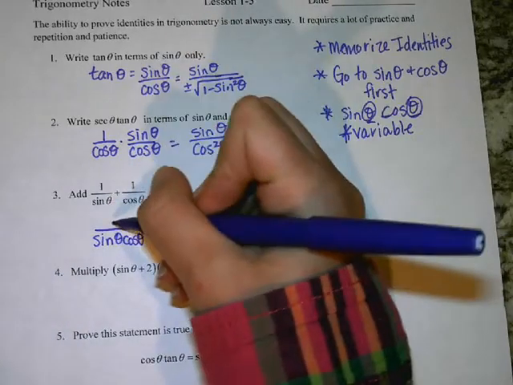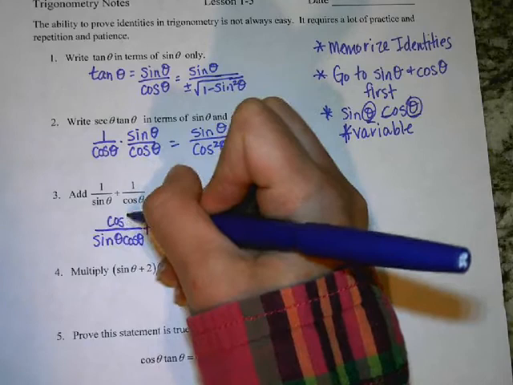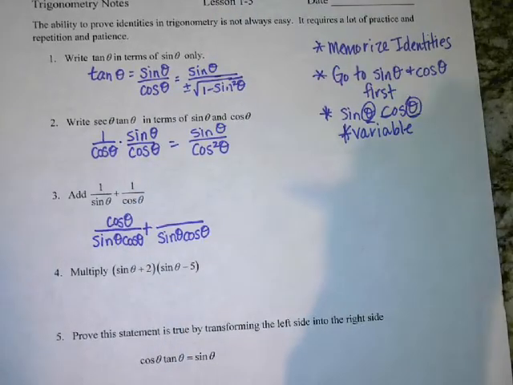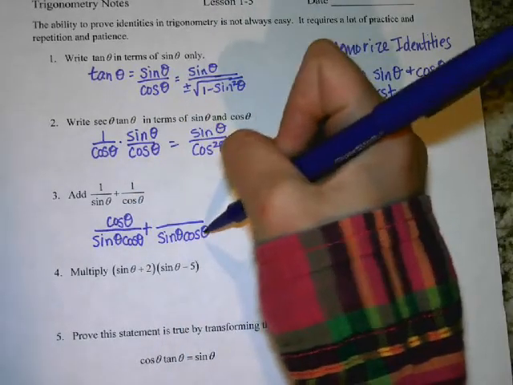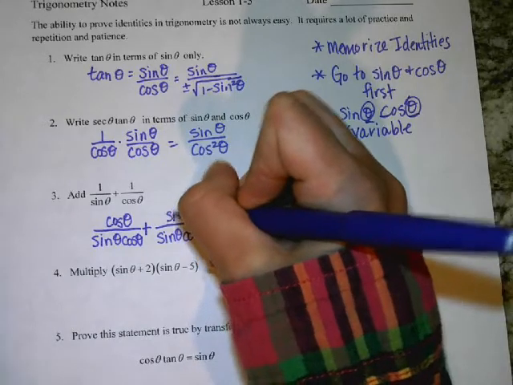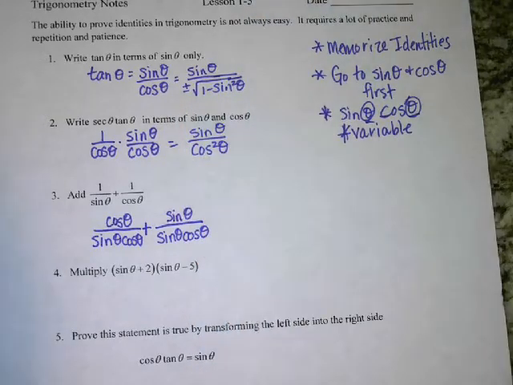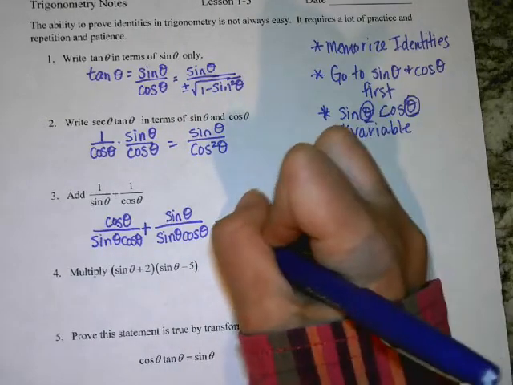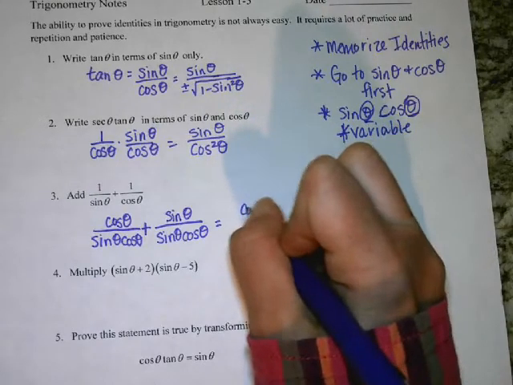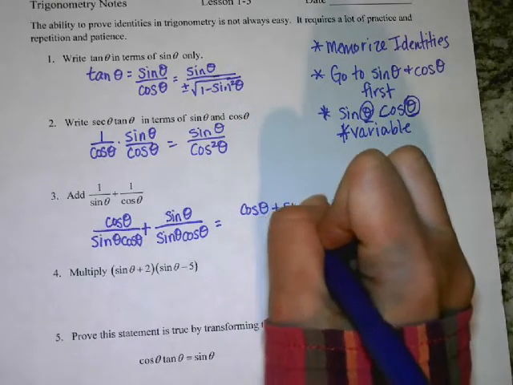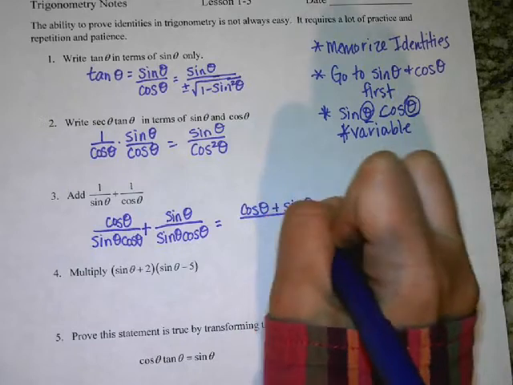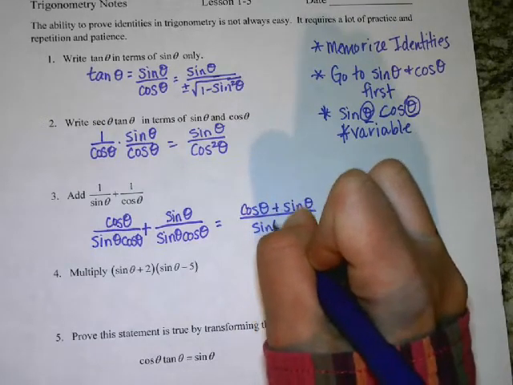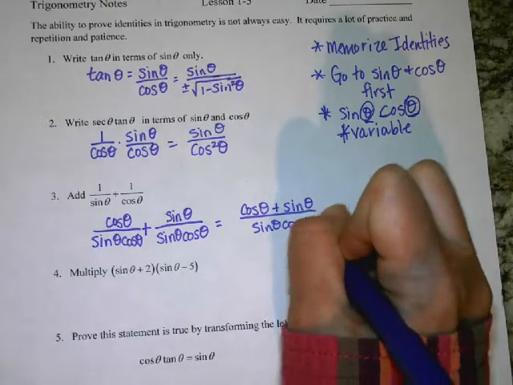So if I gave it to the denominator, keeping equality, I have to give it to the numerator. What's new over here? Sine. So, gave it to the denominator, got to give it to the numerator. So I get cosine theta plus sine theta all over sine theta times cosine theta.